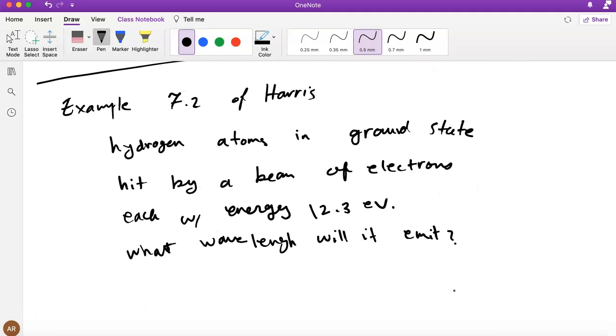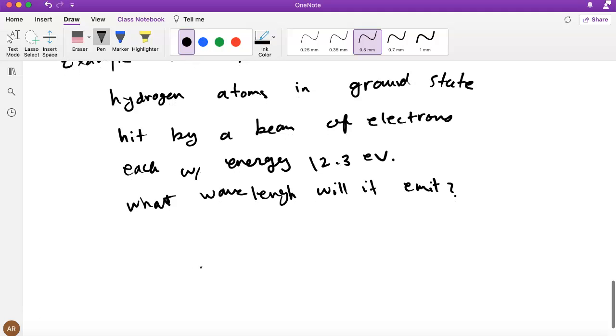So that's the question. Let's think a little bit about the physics of the problem. We have these hydrogen atoms, and they're being hit by some electrons. So you can have a process where the electron scatters off of the hydrogen atom and loses some energy.